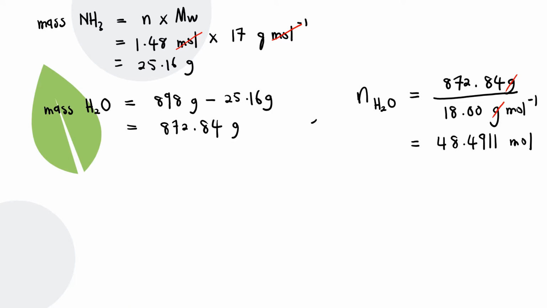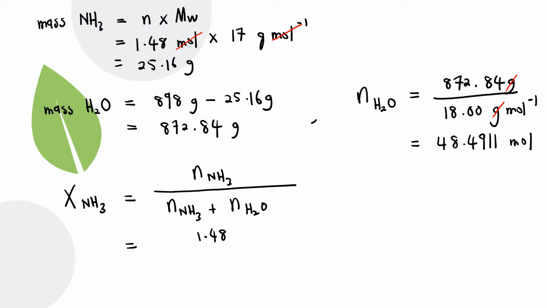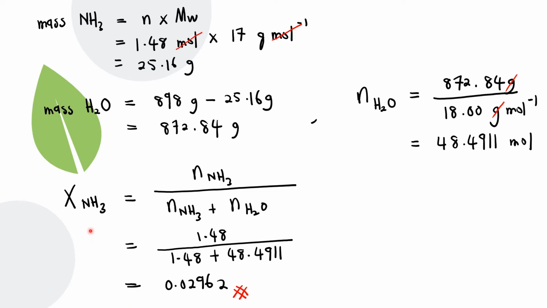So now we can start finding the mole fraction of ammonia. So now we have successfully found the mole fraction of ammonia for question A. And please remember, the mole fraction has no unit. Okay, it is unitless.